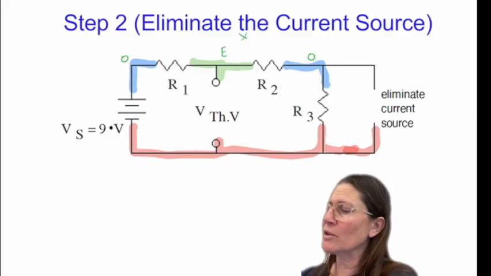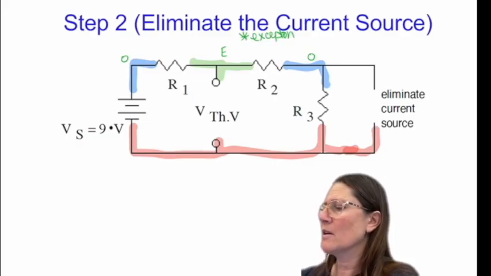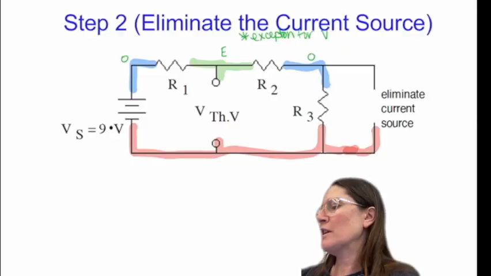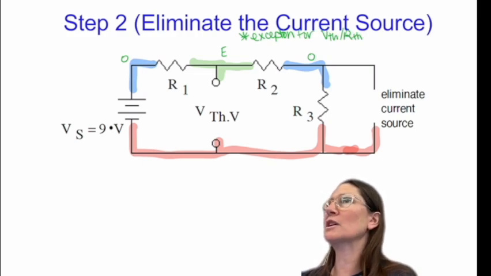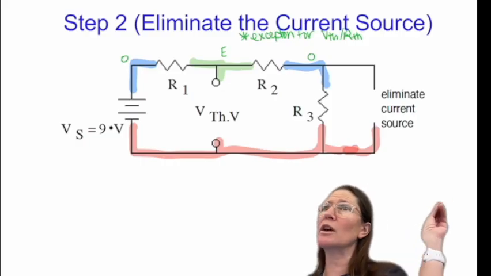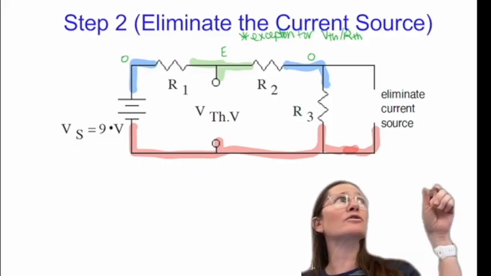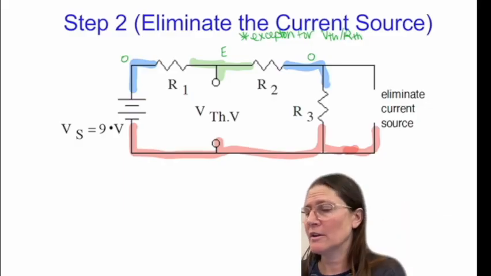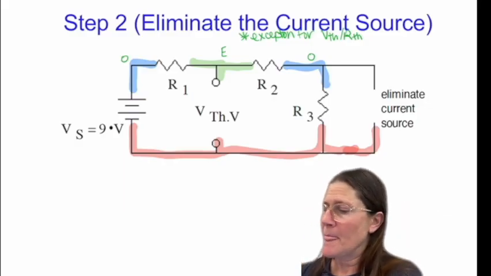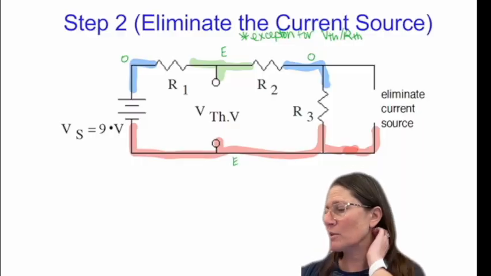So that is also the exception. When you're finding VTH or RTH, because you removed the load, there's going to be something connected there. So that makes that node extraordinary instead of just normally what is ordinary. And down here, this is also going to be extraordinary.